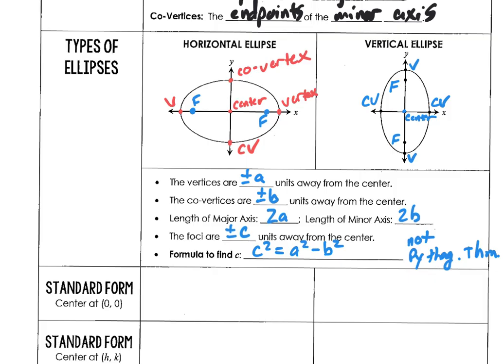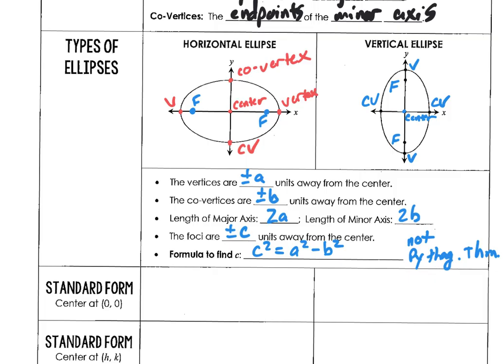Really, the only difference is we're doing A squared minus B squared equals C squared, whereas the Pythagorean theorem is always A squared plus B squared equals C squared. So make sure it's really, really close, okay? That's why a lot of people get those two confused. And all you have to do is make sure it's a minus sign, not a plus sign in between. And that's the formula we're going to use a lot.